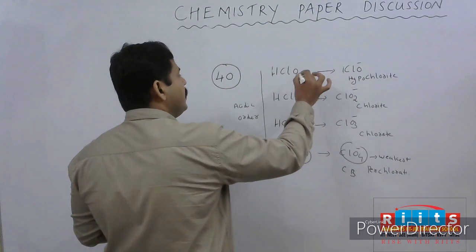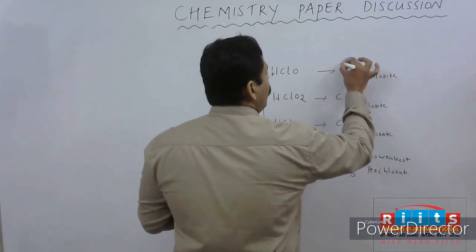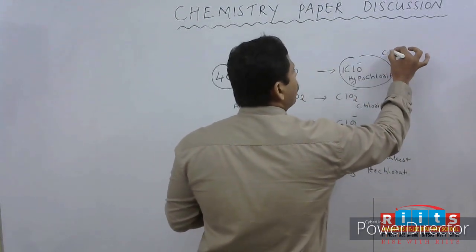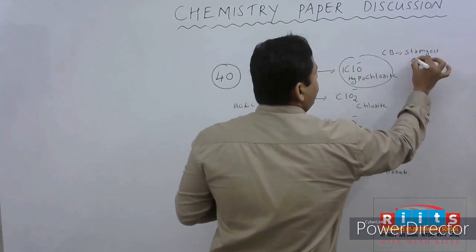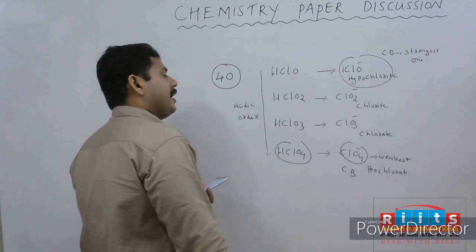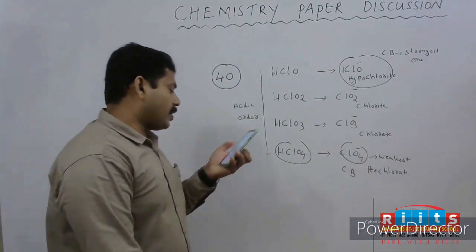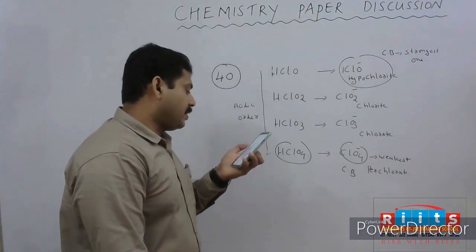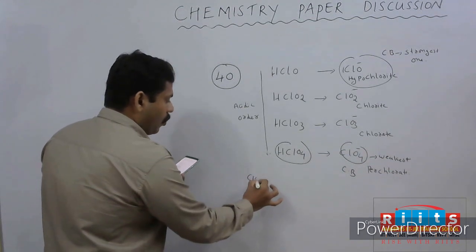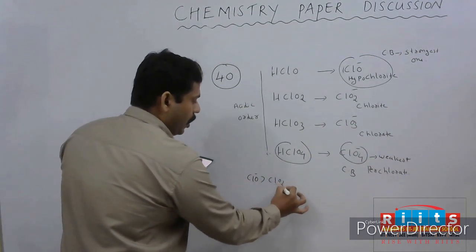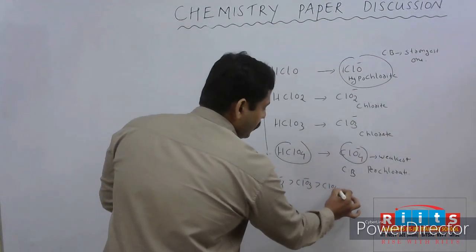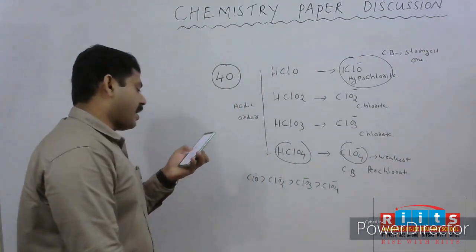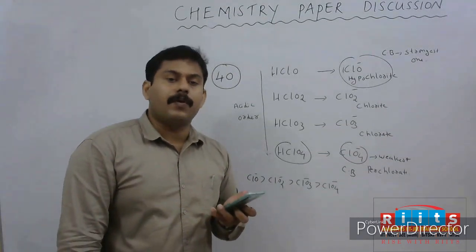This is a weak acid, so its conjugate base will be the strongest one. So we can make the correct order: ClO minus greater than ClO2 minus greater than ClO3 minus greater than ClO4 minus. So the correct answer will be option C only. Thank you.